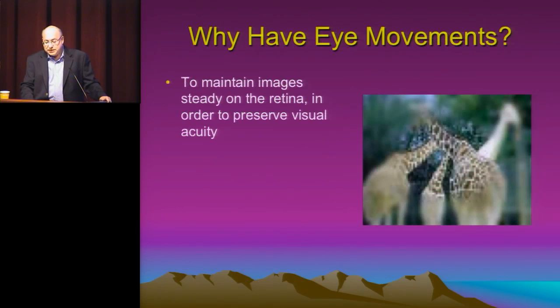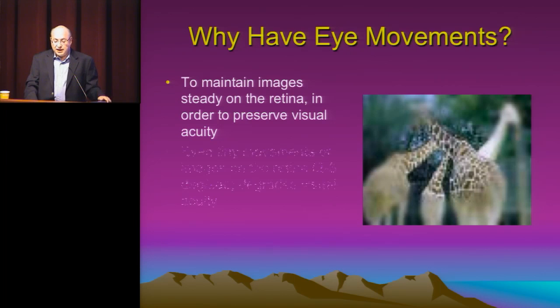Why do we have eye movements? In order to maintain images steady on the retina in order to preserve visual acuity. That's the basic answer. Our visual acuity in the center is 20/20, 20/15. Our visual acuity off 10 degrees, maybe 20/400 or less. So in order to look at things with clarity, we need to keep our fovea located where we want to look, and we need eye movements to adjust for everything in the environment that would tend to move the eyes off.